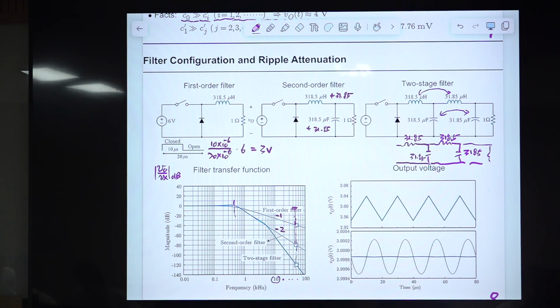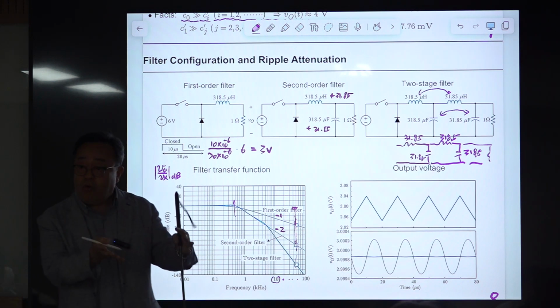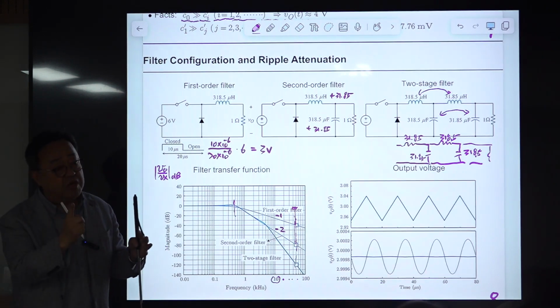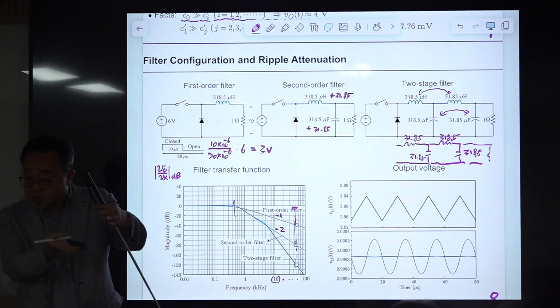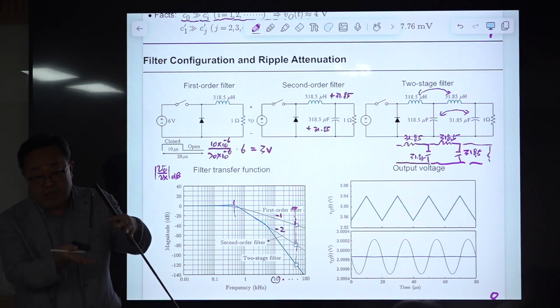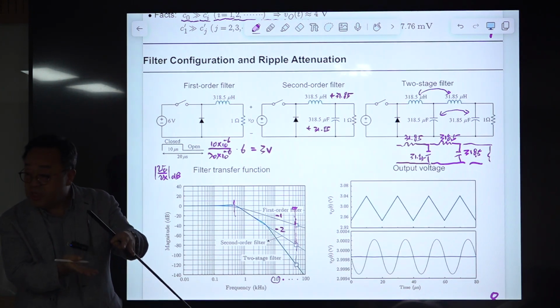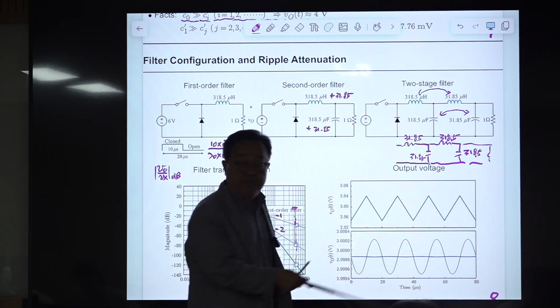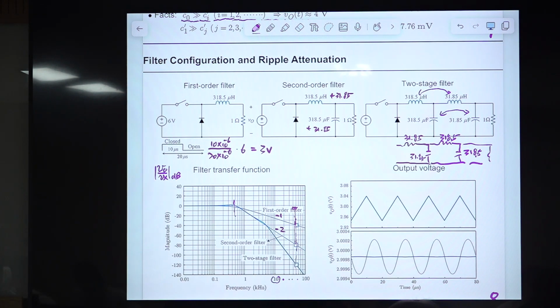But suppose this is some capacitive load. Okay? You have some board. You built some board, and you want to connect your board to the power supply. The first thing you will do is put some capacitor in front of that to stabilize the voltage. So in most cases the load is capacitive. Almost all people put some capacitor.